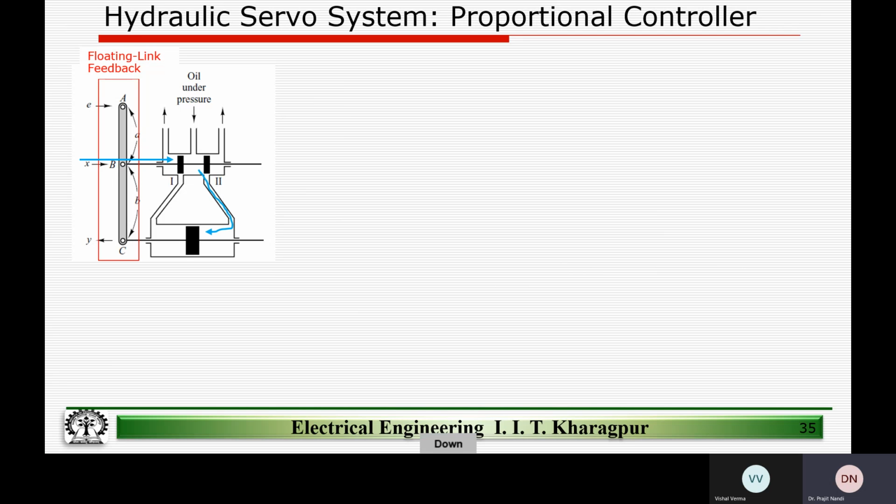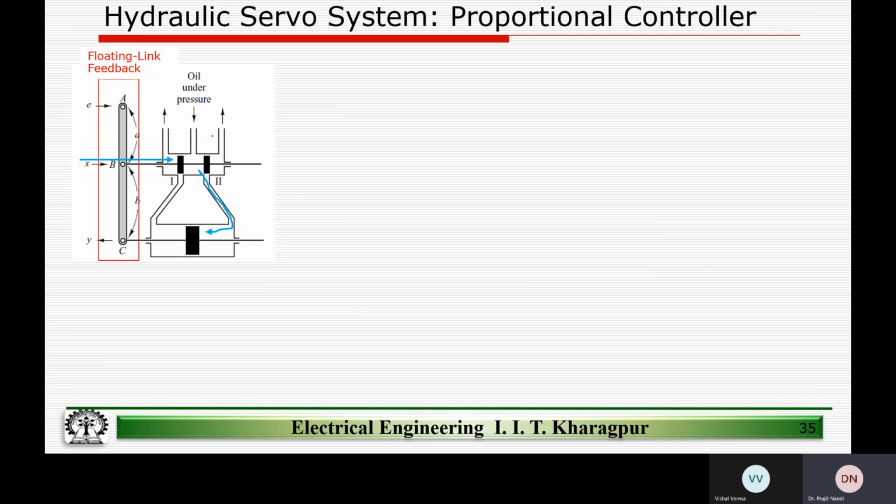Let's say we give an input signal in this direction, and this piston moves from left to right. What happens is the fluid flow.